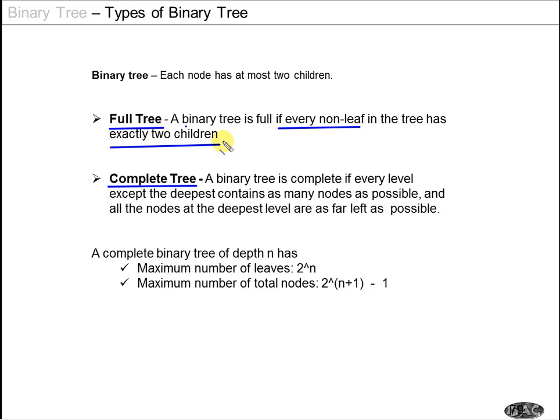A binary tree is complete if every level except the deepest contains as many nodes as possible and all the nodes at the deepest level are as far left as possible. So just be careful about this definition.